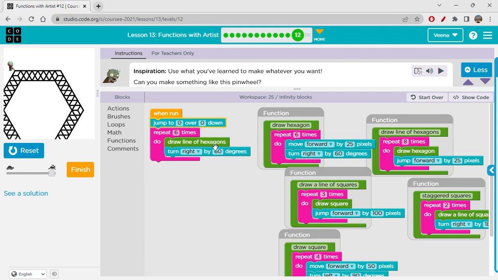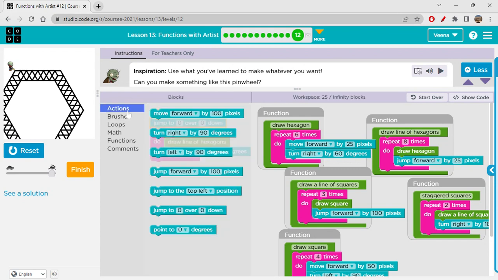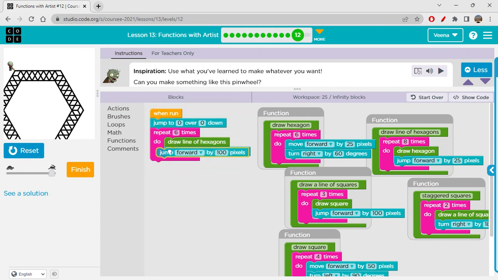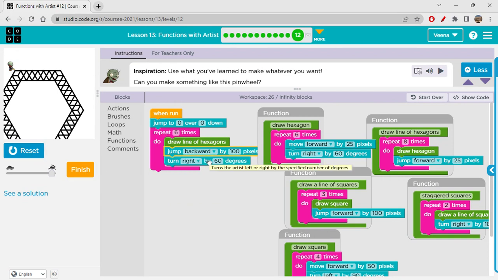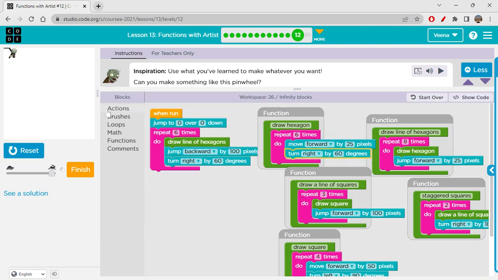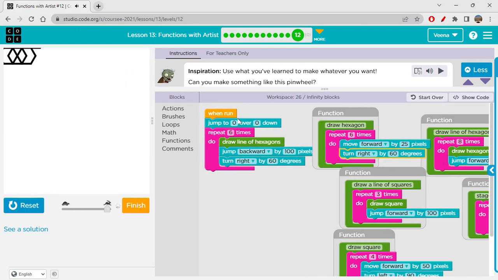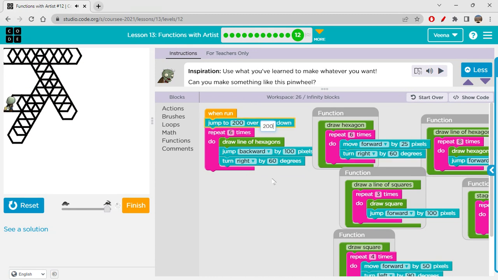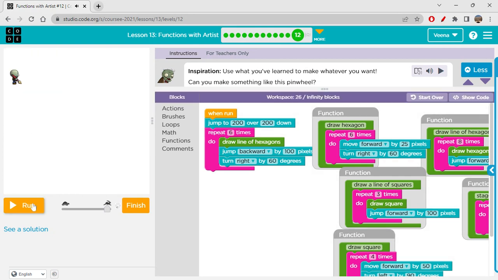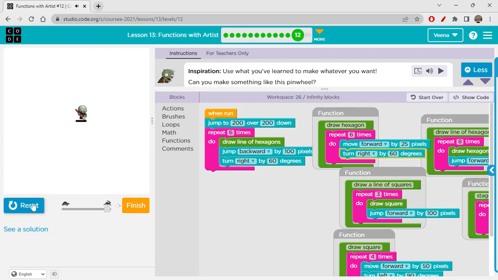So drawing line, then jump backward by let's say 100 pixels, turn right by 60 degrees, repeat six times. I'm just trying. Oh, not 0 over 0 down, sorry. It's 200 over 200 down. Okay. Reset, run.